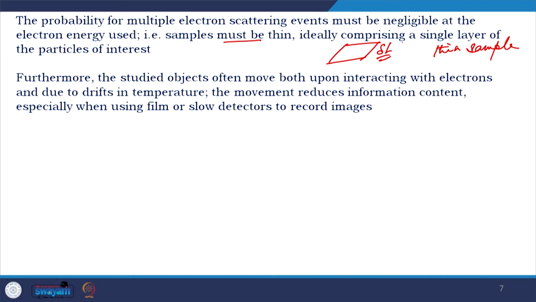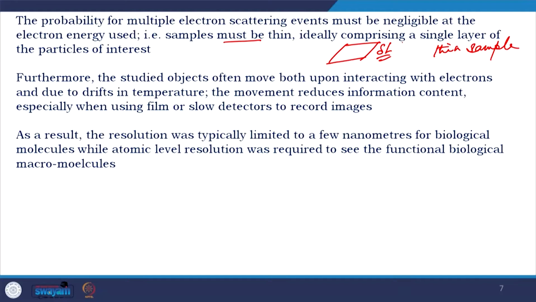The movement reduces information content, especially when using film or slow detectors to record images. This we have discussed in detail in the last portion, so I am not going into details; you already understood that in terms of data collection. As a result, the resolution was typically limited to a few nanometers for biological molecules, while atomic level resolution was required to see the functional biological macromolecules.